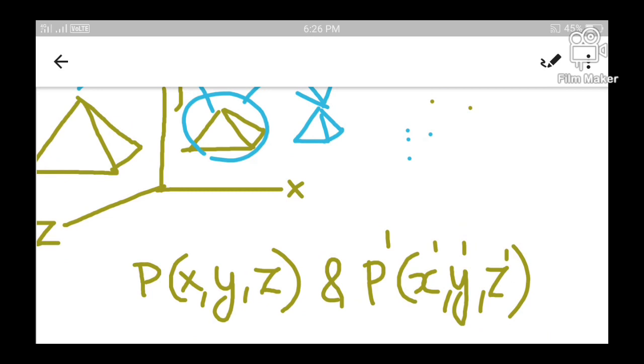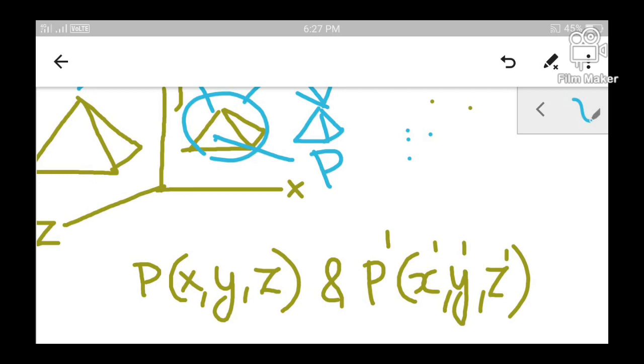Now let us consider two points. The first point is P. Let this be the point P. And this point P belongs to the original object, that is the object before transformation, before scaling. After the object is scaled, either it reduces in its size or it enlarges in its size.